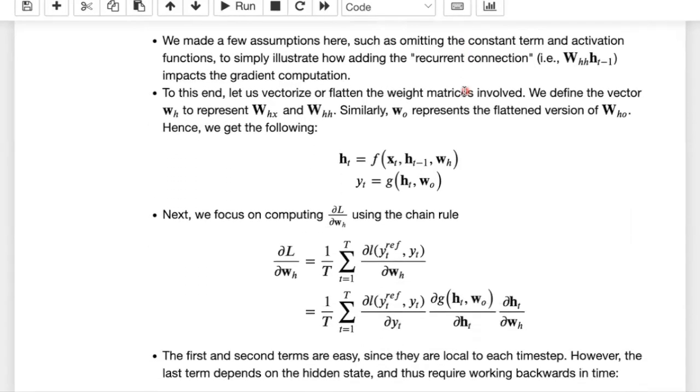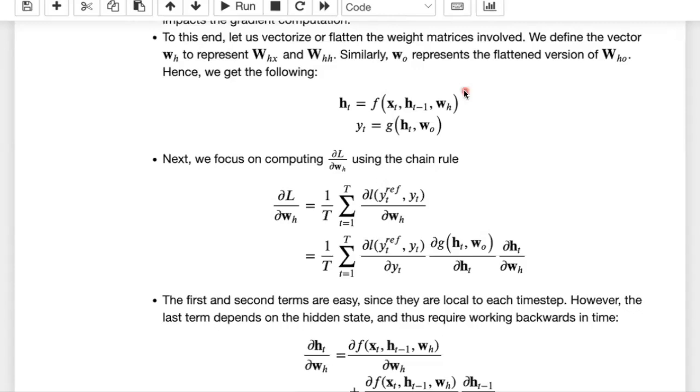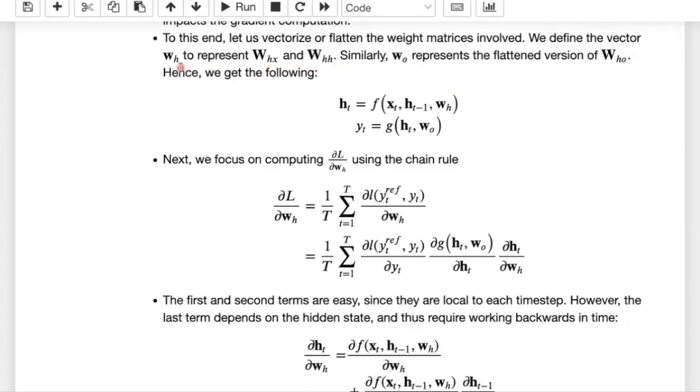And the other thing that we also do to simplify this, and we have done this before too, is that whenever you have these weight matrices, you can actually flatten or vectorize them to make it simpler when you're finding partial derivatives. So now you can find the partial derivative with respect to each one. For both WHX and WHH, we vectorize the whole thing, and we just show that using WH, and the same thing with WHO, which takes us from the hidden state to the output layer.